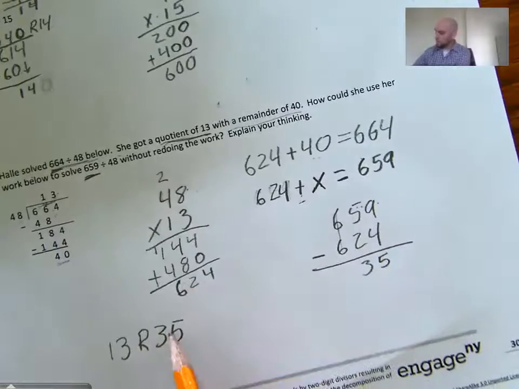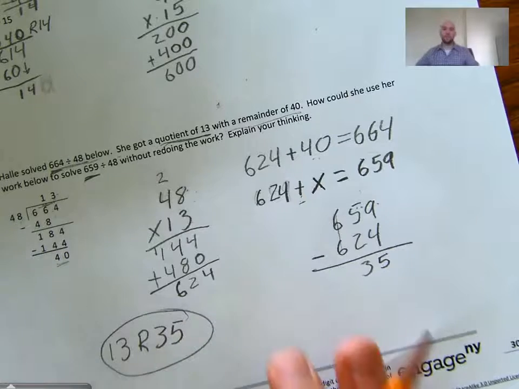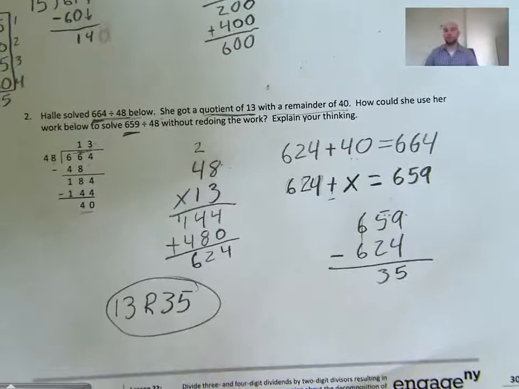And that should make sense if we think about what division is. Division is splitting into groups. So if we were splitting 664 of something into 48 groups and we got 13 remainder with 40 left over, so we have 13 groups with 40 left on the side, not enough to make another group. If we have now 5 less, we have 659, and 659 needs to be split into groups.